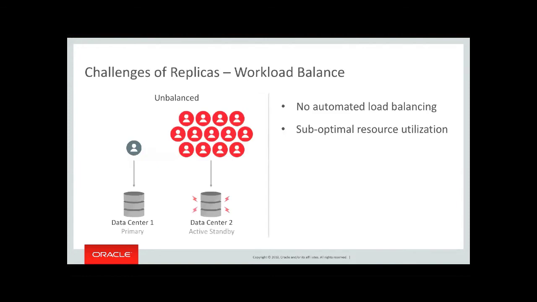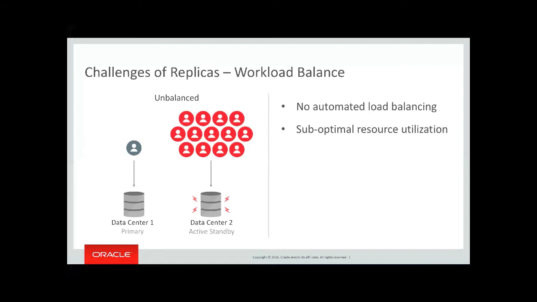If you look at the challenges of replicas, let's say in this example, I'm showing two databases. One is a primary, one is standby. They could be in the same data center or they could be in different data centers. When you're running your read-only workloads against a standby, and if that standby goes down, there's no mechanism for automatically failing over that service to another database, primary or another standby, prior to 12.1.